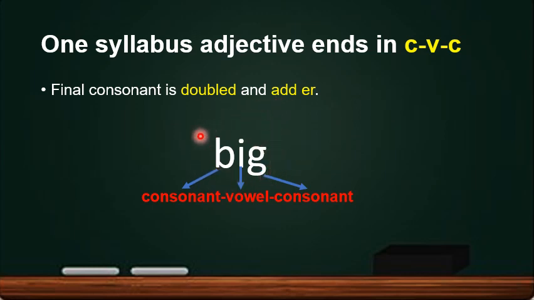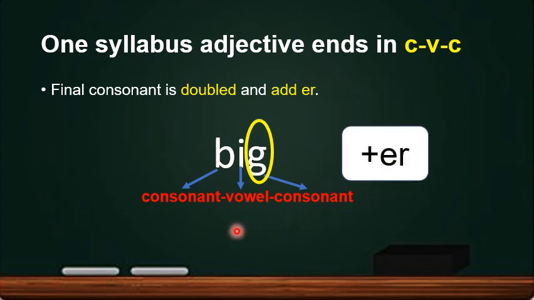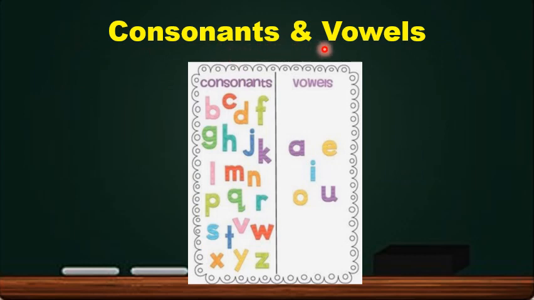Big is a one-syllable adjective and it ends in CVC, whereby B is the consonant, I is the vowel, and the alphabet G is also a consonant. So here we have to double the final consonant, which is the G, and add er at the end of the word. So big becomes bigger. B-I-G-G-E-R, bigger.